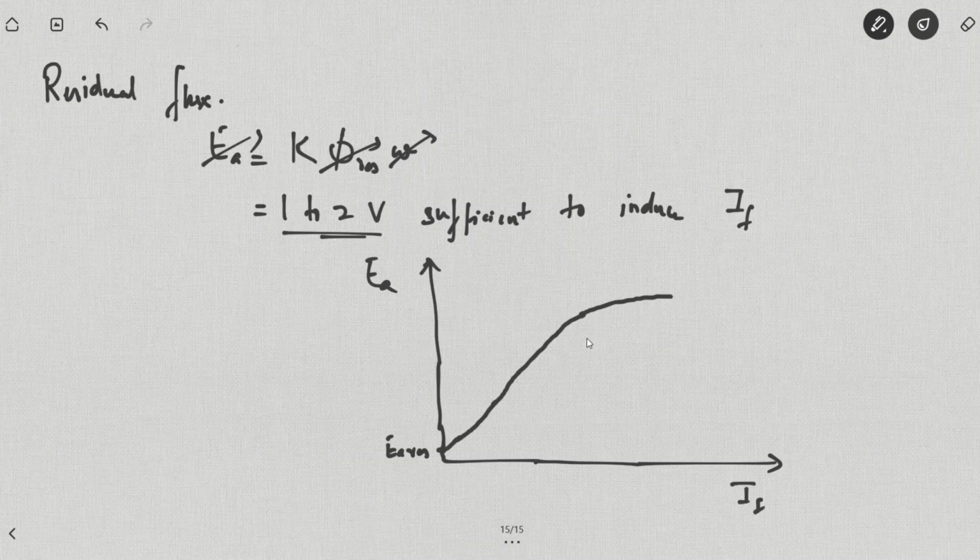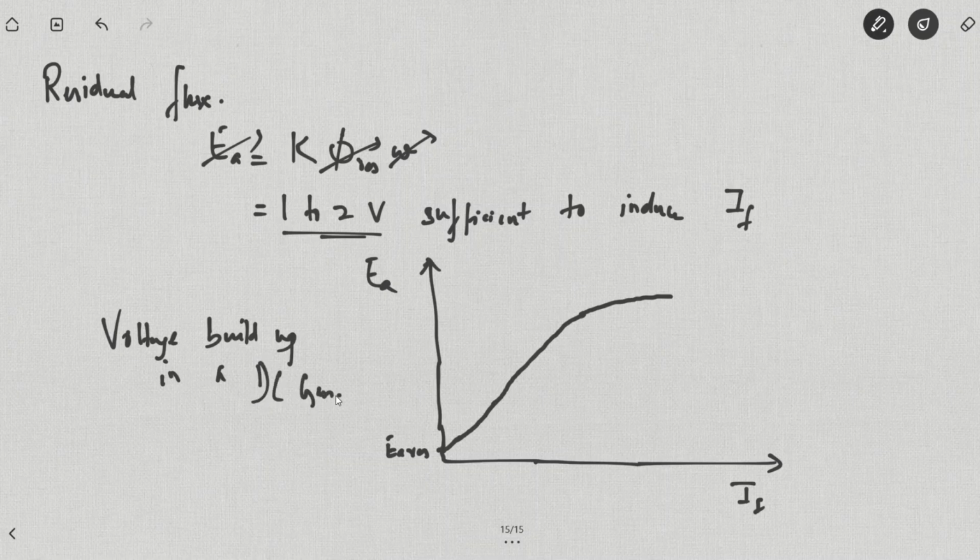Flux no longer increases, so that no longer increases the voltage. So this is actually voltage build up in a DC generator, in a shunt DC generator.